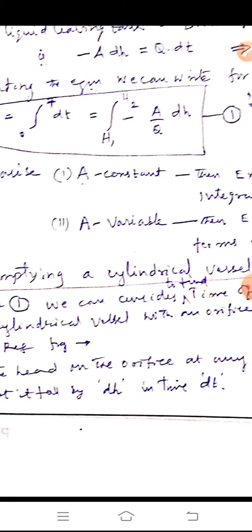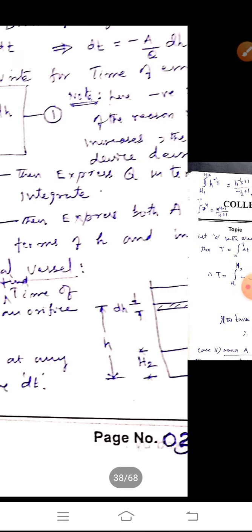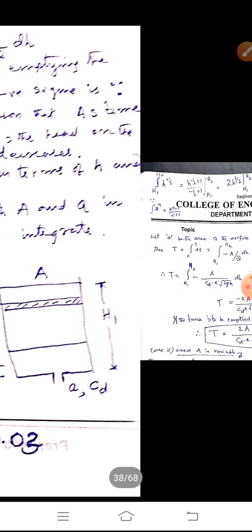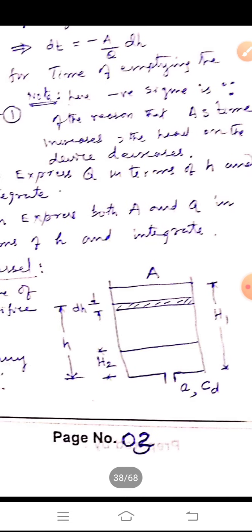Suppose I am considering a rectangular tank or cylindrical tank, wherein from top up to the bottom the dimension is the same. That means the area of liquid surface will remain the same. That is, A is constant. Then in the above equation, express Q in terms of H and integrate.